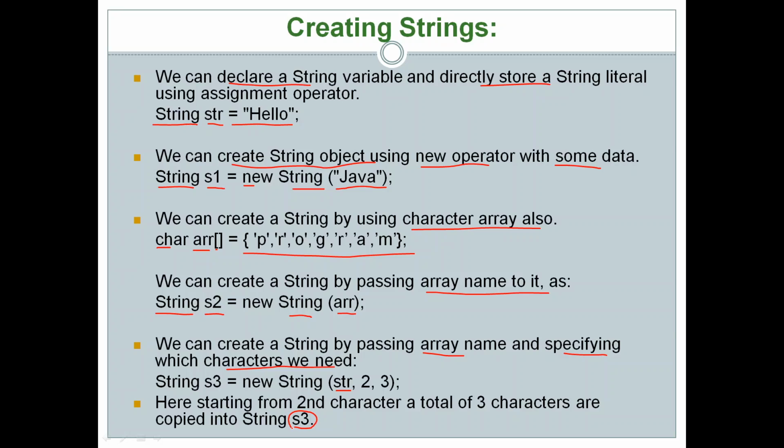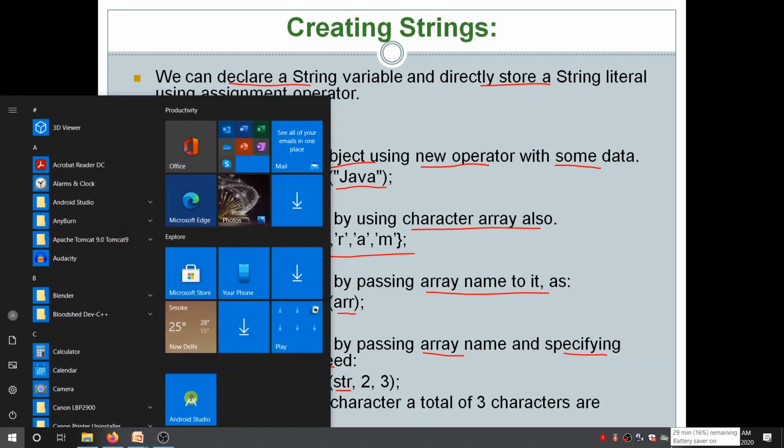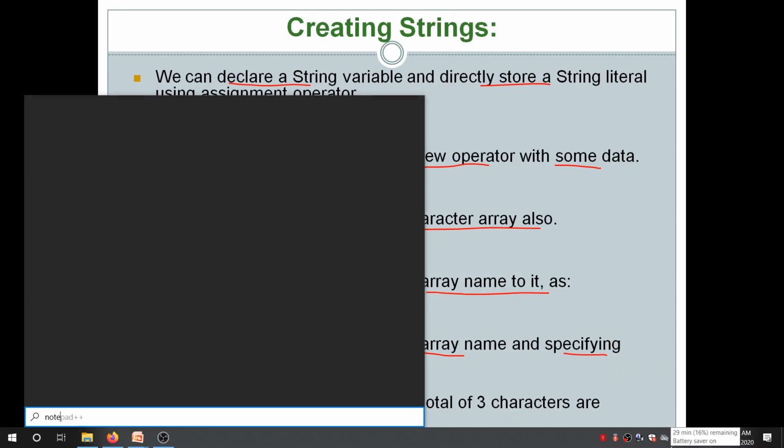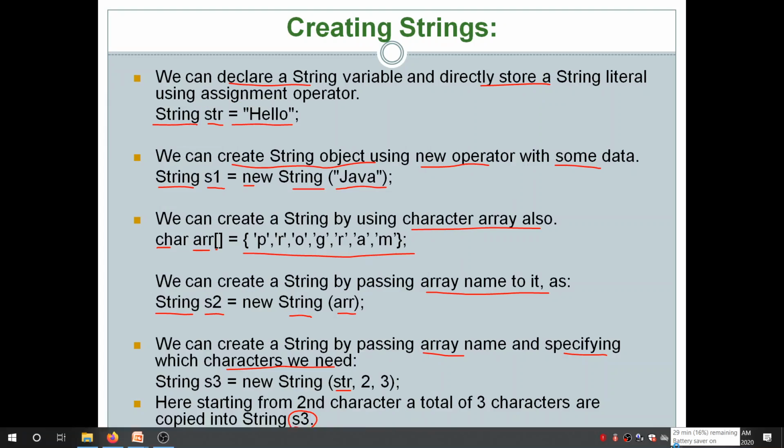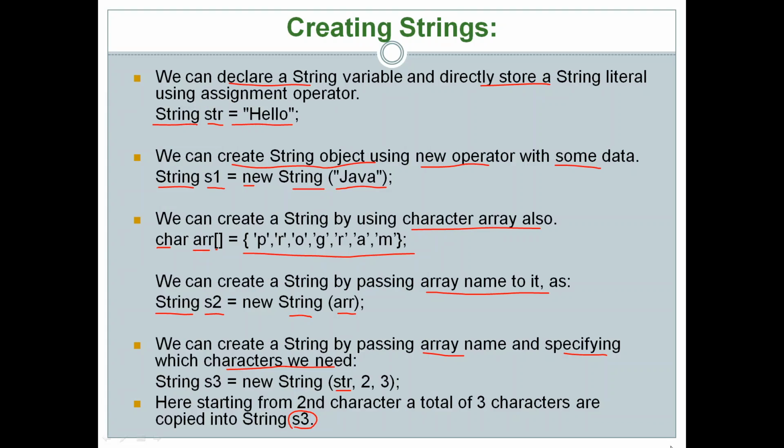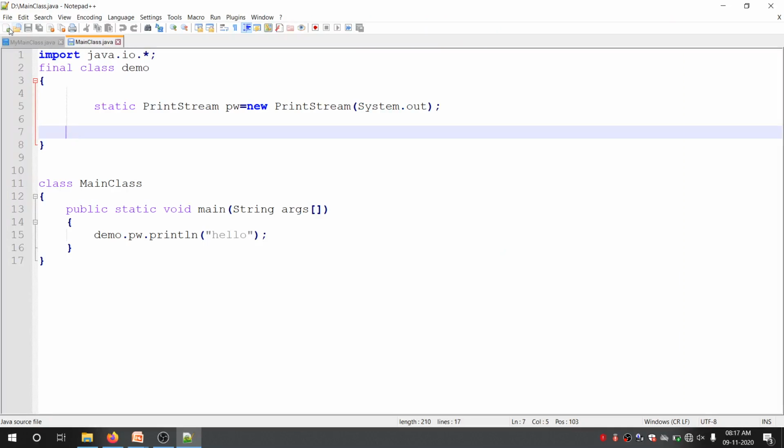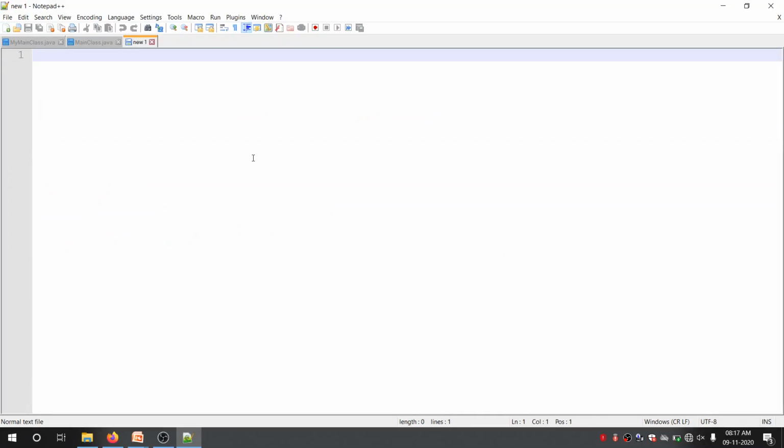Okay, let's practically see how a string can be created. Let's write a program and see how a string is created in Java. Let's open Notepad++ and create a new file. Class, let's say StringDemo.